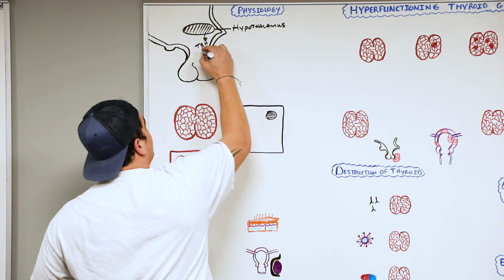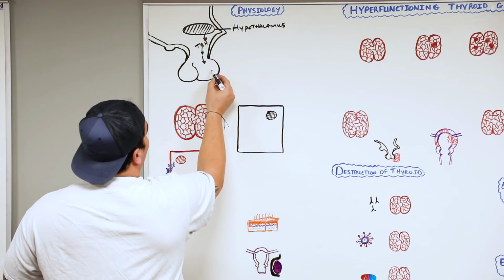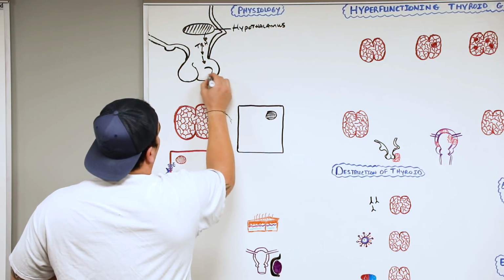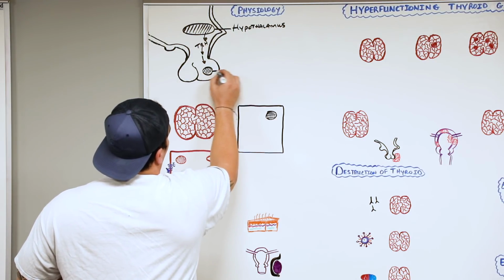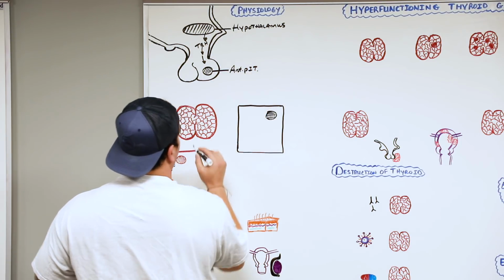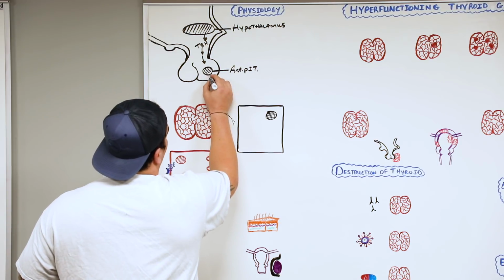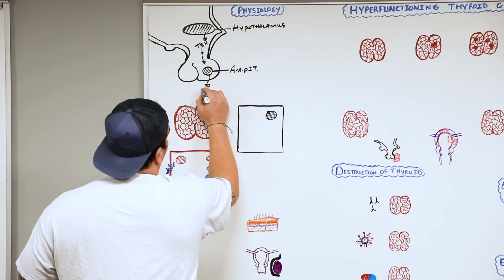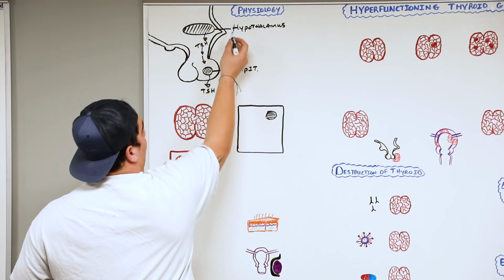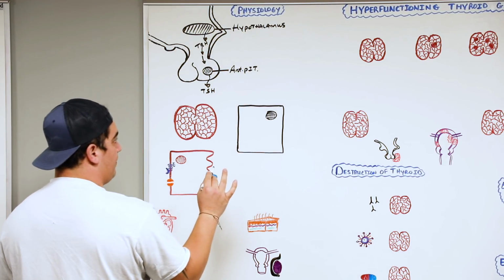The TRH circulates through the hypophyseal portal system and comes down to the thyrotrope cells located in the anterior pituitary. Once it gets there, it stimulates the anterior pituitary to make a hormone called TSH. So remember, hypothalamus TRH stimulates anterior pituitary to make TSH.